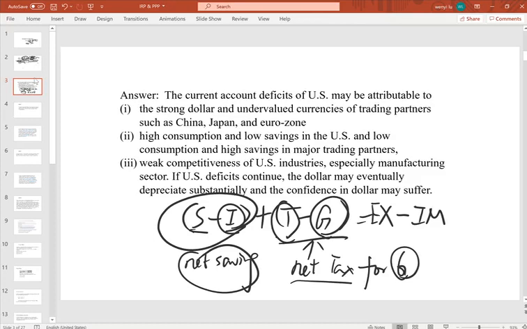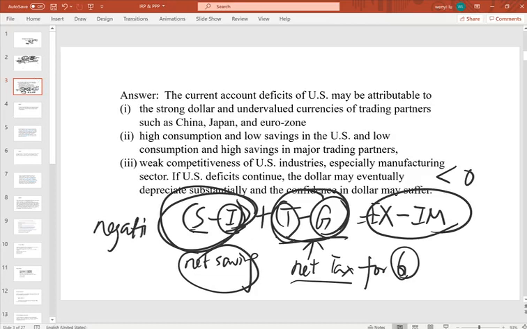So if we have a trade deficit, that means this part is negative. If this one is negative, then one of these two terms will be negative, which means our savings are too low. In the US we have high consumption; we buy more than we produce, so we need to import goods from foreign countries, and we also have low savings.